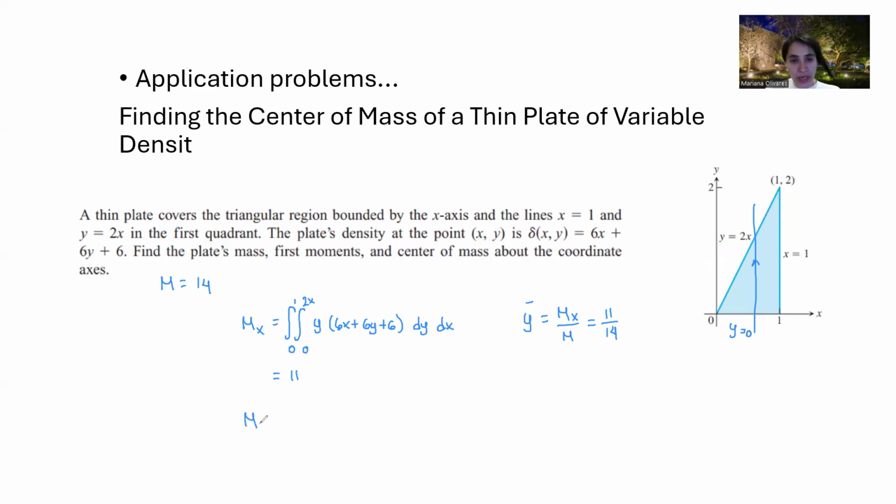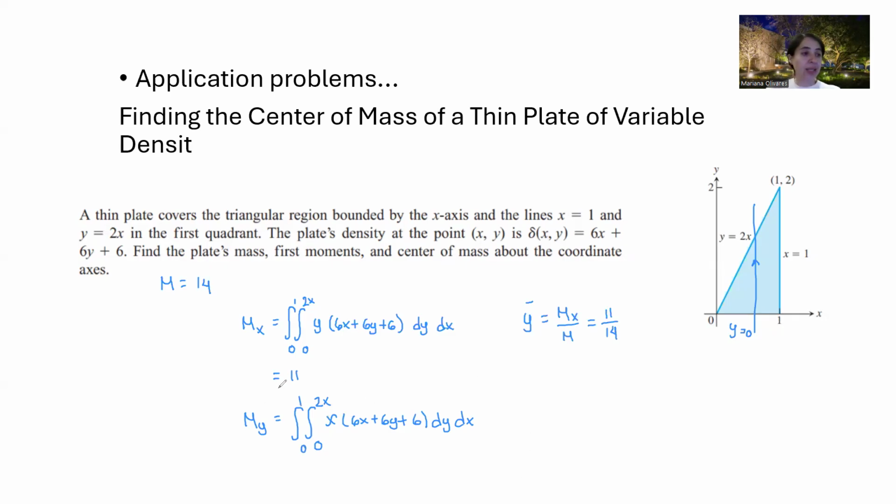Now you need to get m of y. Let me build the formula. In that case, it has to be an x times the density. Let's keep the same limits of integration. A 0 and a 2x, and here a 0 and a 1.